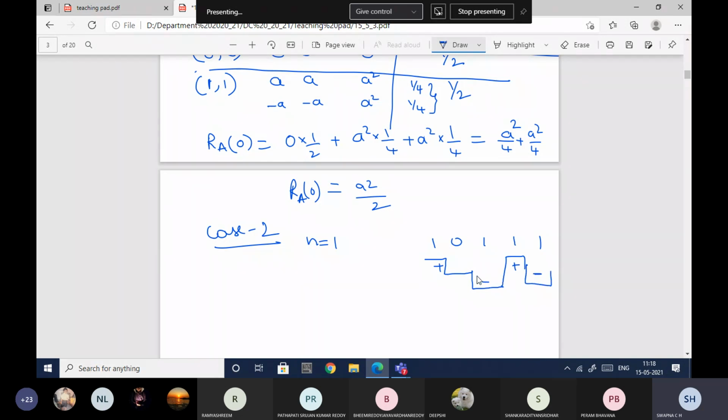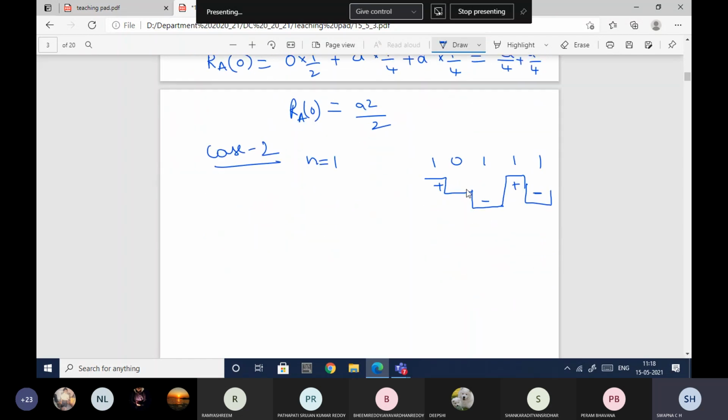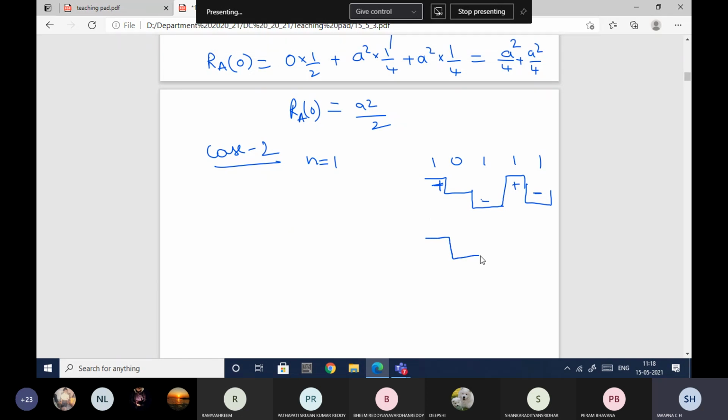I'm just considering one shift here. If this is positive, the next one can be either positive or negative. It may be like this shifted version, I'll just draw the shifted version.